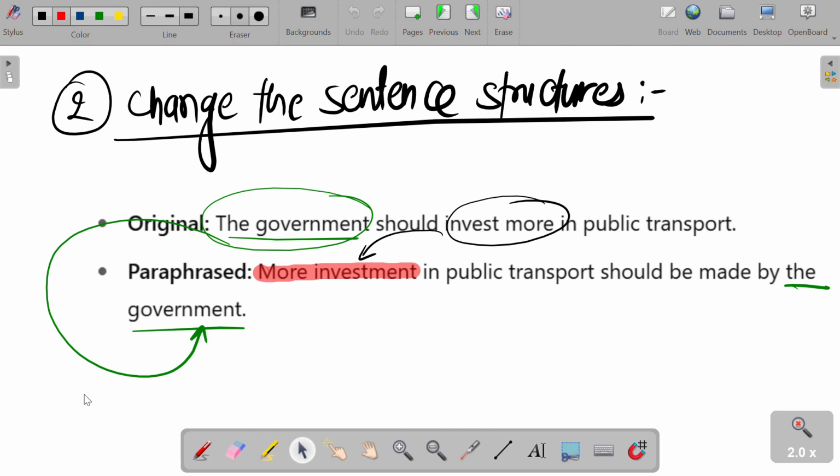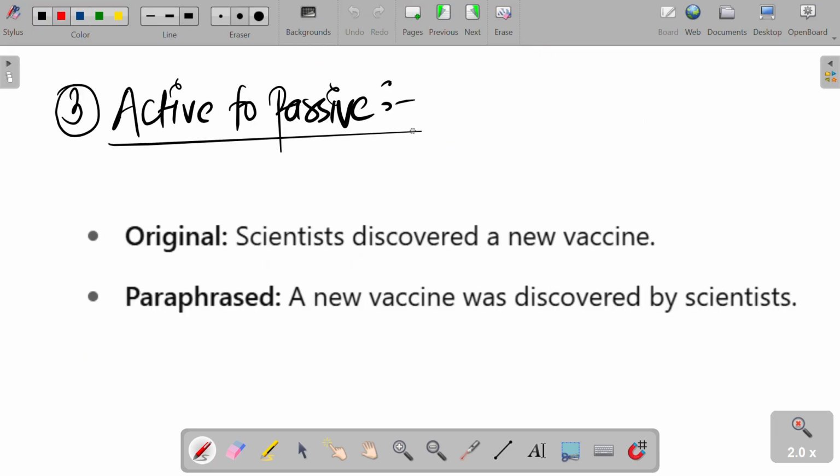There are unlimited ways in which you can change the sentence structure. So this is just an example.